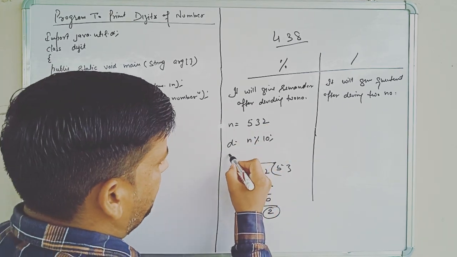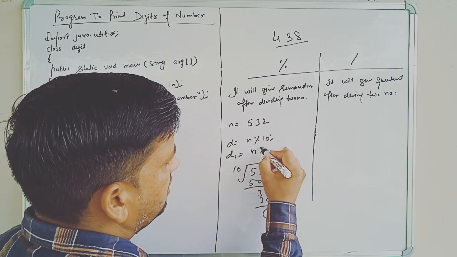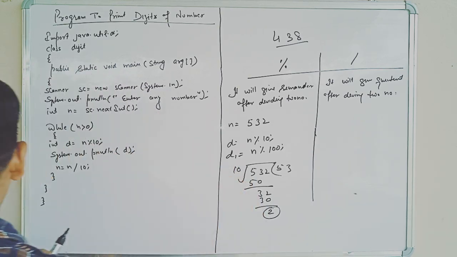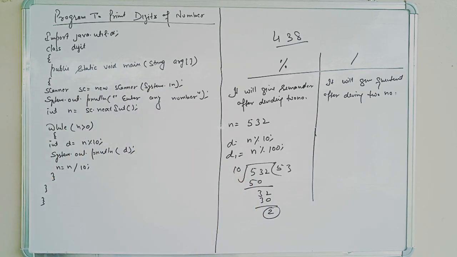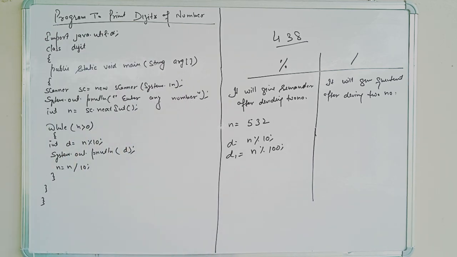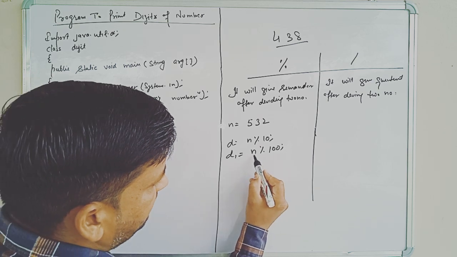Now for example, I have one variable d1 equal to n mod 100. This statement will give you the last two digits. What is the meaning of this statement?